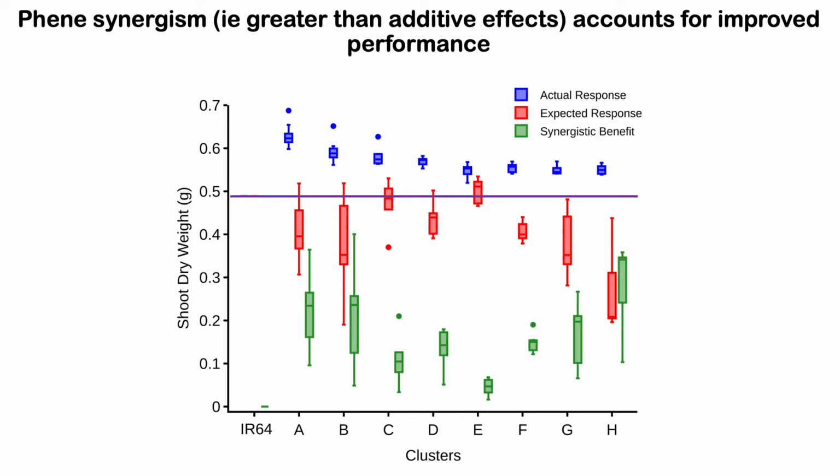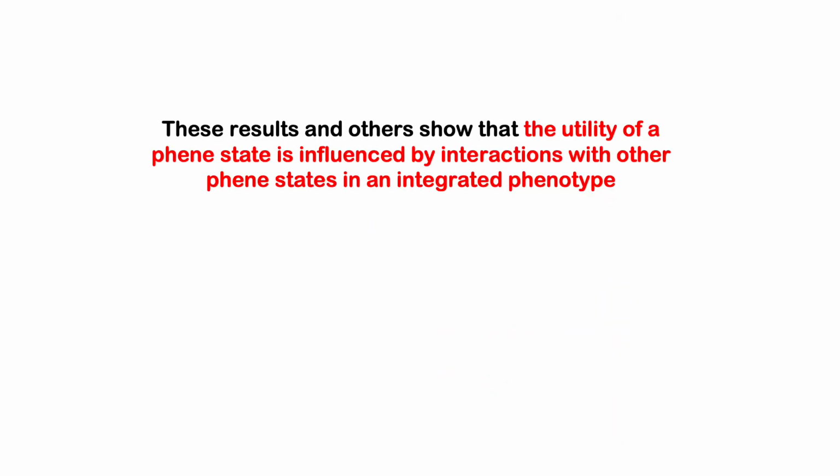The reason they beat IR64 is because of synergism among phene states. In other words, greater than additive responses, as you can see here in green. These results and others show that the utility of a phene state is influenced by interactions with other phene states in an integrated phenotype.